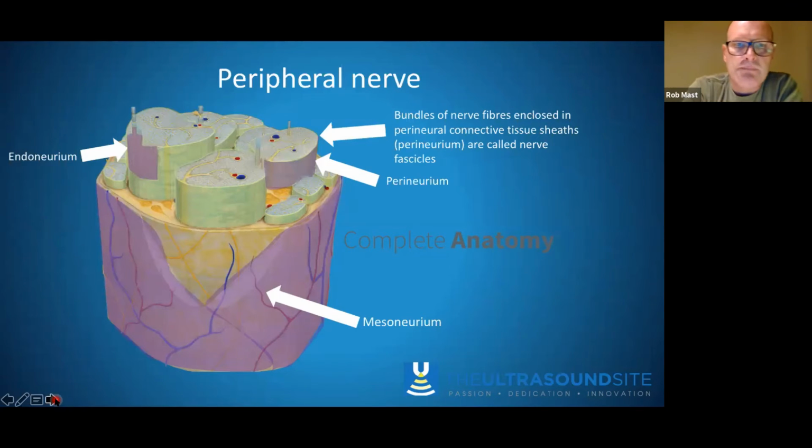You have to see the nerve as a sort of container, and the mesoneurium is the sheath that contains the entire nerve. Within that you have the bundles of nerve fibers enclosed by smaller, thinner sheaths surrounding these fibers. And inside of those smaller bundles, you have the fascicles.